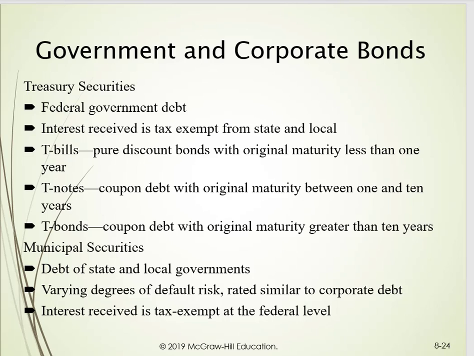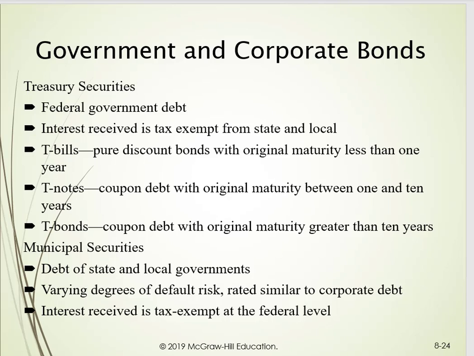Now, municipal securities, they're issued by states, local governments, etc. Since those entities are issuing the debt, you have to pay taxes to the entity that issued it, which in this case would be state and local governments. Now, the difference between the two then is taxes. The additional difference is risk.